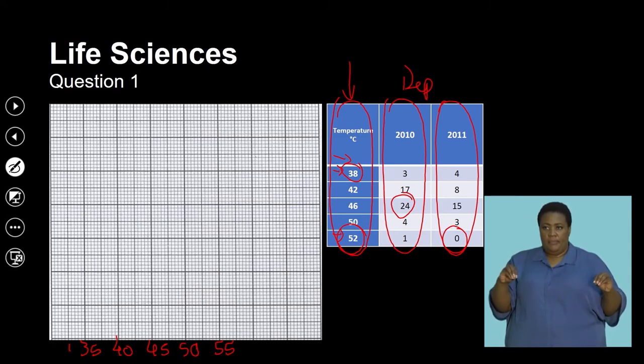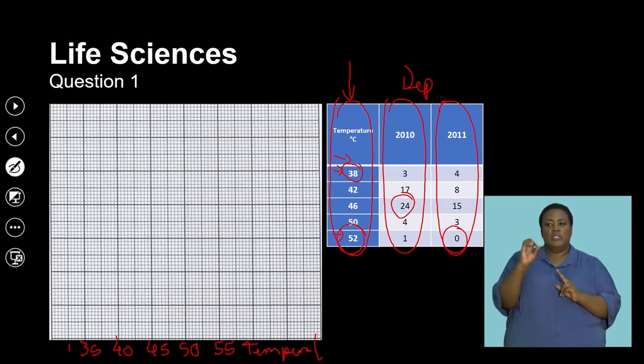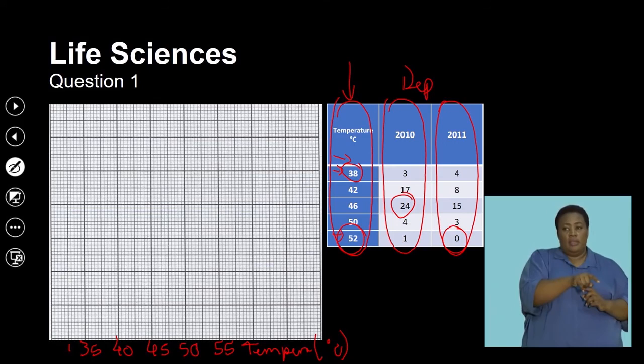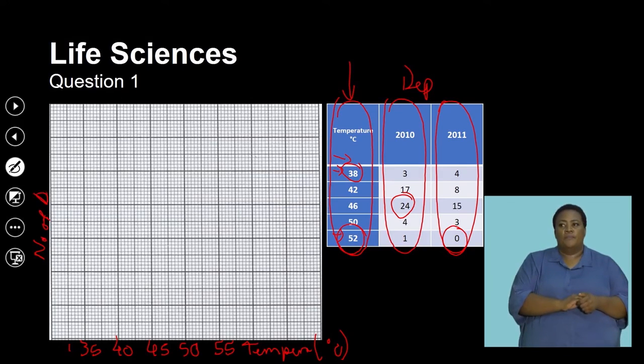Remember that we've still got to label this. If I had space, I would have put this as temperature, and the unit would be degrees Celsius. Then on the y-axis, it would be the number of deaths, and I'll illustrate that accordingly.